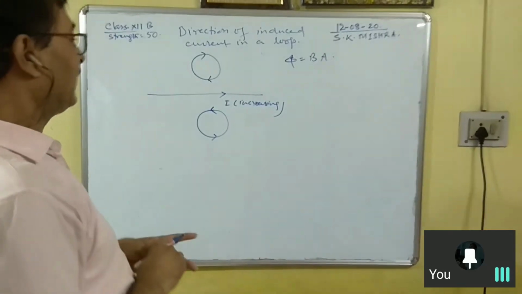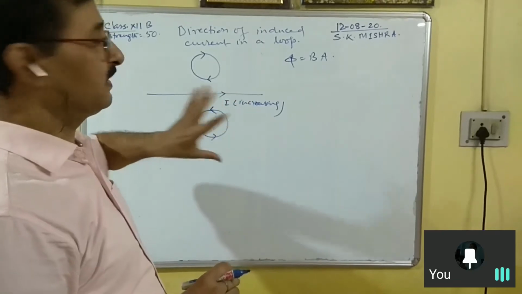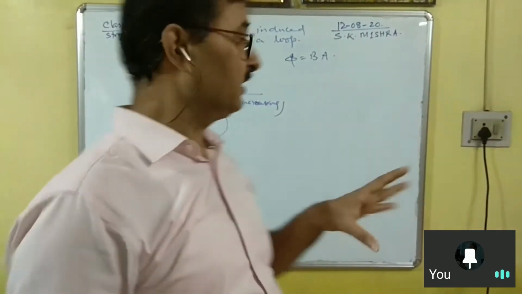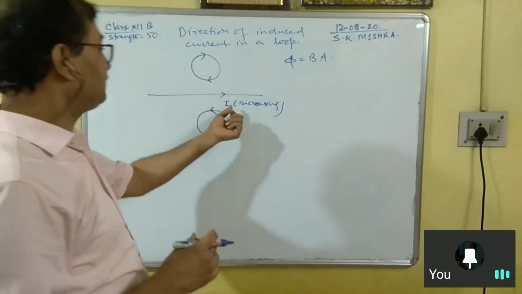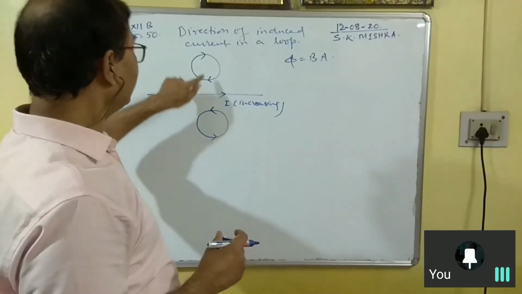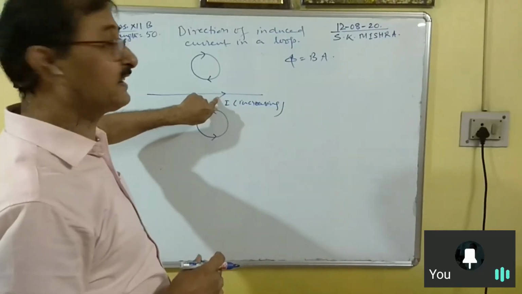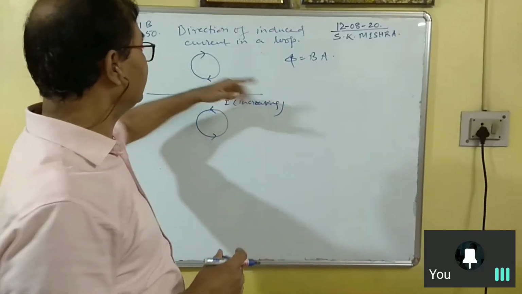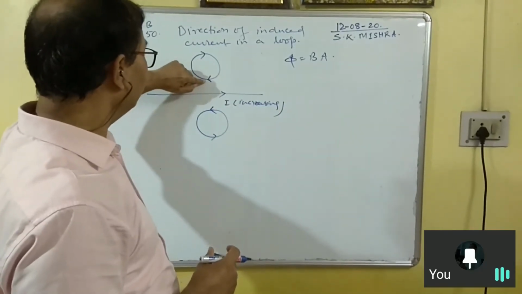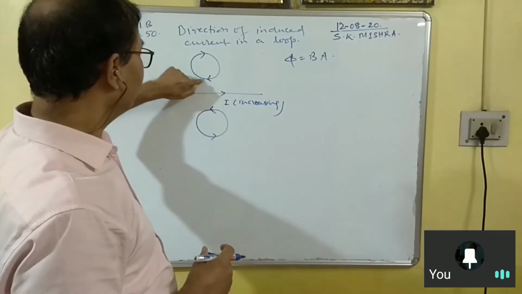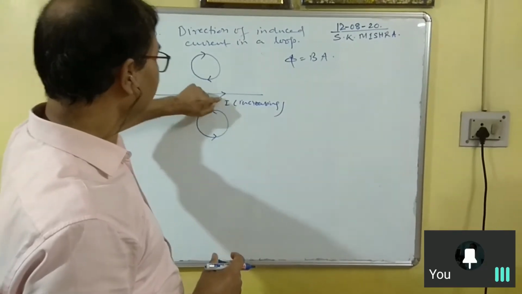So remember, as a memory aid, if I is increasing, then the induced current will be such that it will oppose this increasing I. Since I is increasing, if the current here is in the opposite direction to this current, then it will oppose this current.